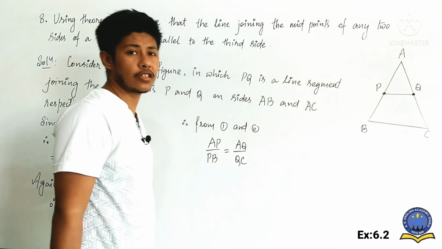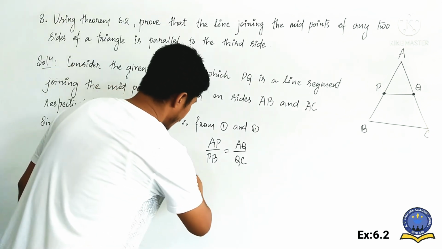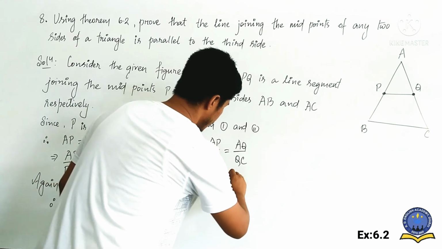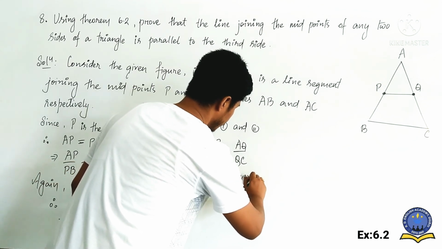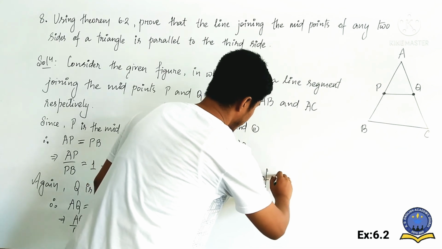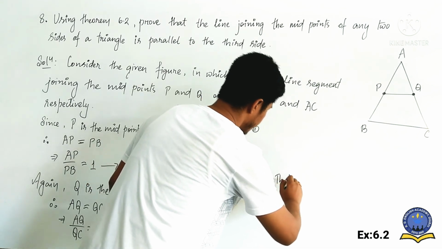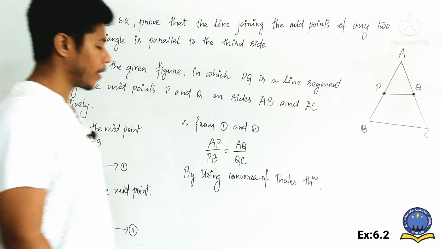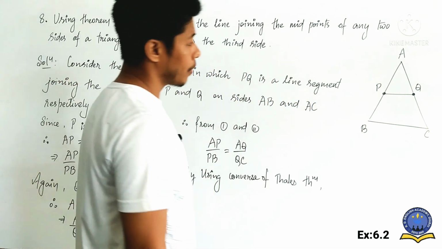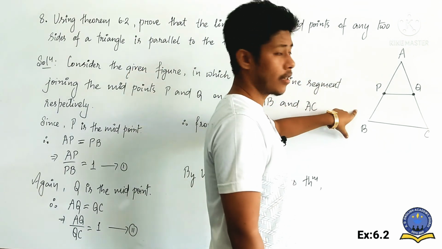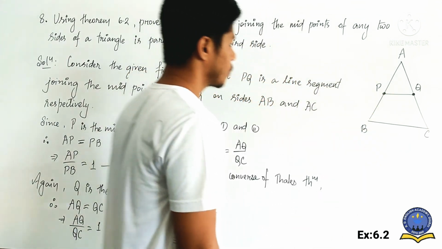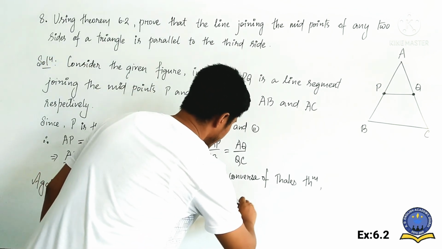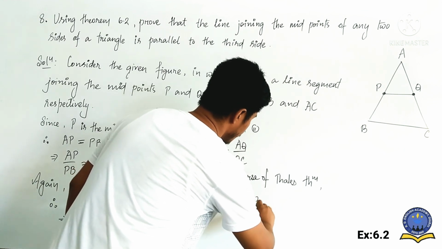So here you have to write, by using the converse of Thales theorem, we obtain, what do we obtain? Here the ratios are equal. That means these two lines are parallel. So we write PQ is parallel to BC.